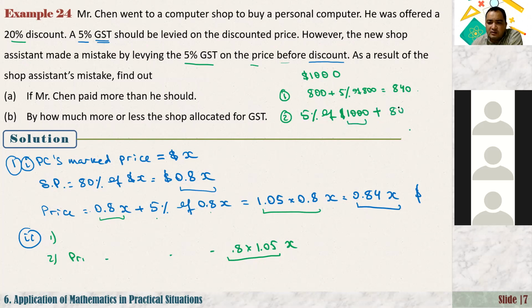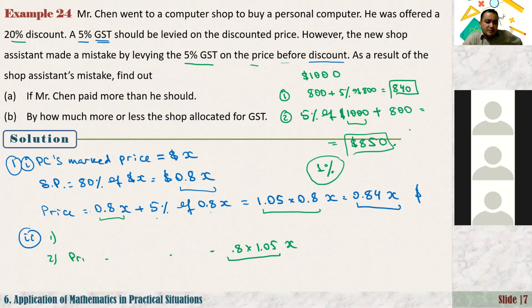That is $800, plus the GST, which is equal to $850. Okay. And how about here? It is $840, but here $850. So actually, by how much more or less the shop allocated for GST, it is $10, right? So what is $10? $10 is just 1% of $1,000. So he made a mistake by 1% of the original price.